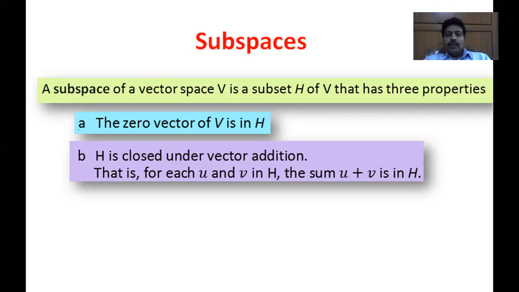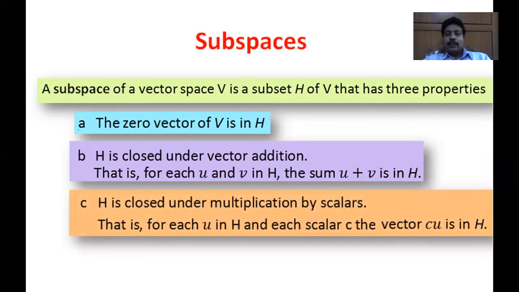That is, for each u and v in H, the sum u plus v must be in H. And finally, the third property is H is closed under multiplication by scalars, that is, for each u in H and for each scalar c, the vector cu is in H. It is enough to show that these 3 properties hold in a subset of a vector space V to prove that the subset H is also a vector space.